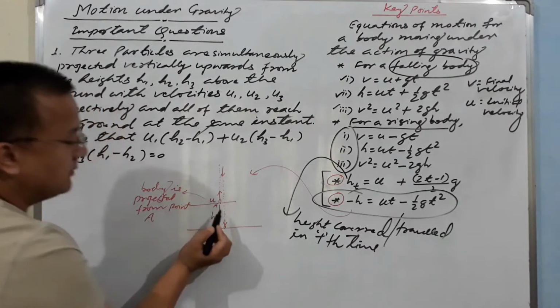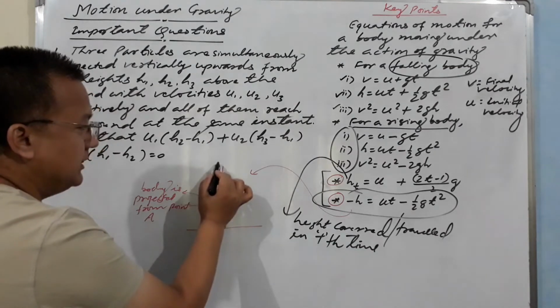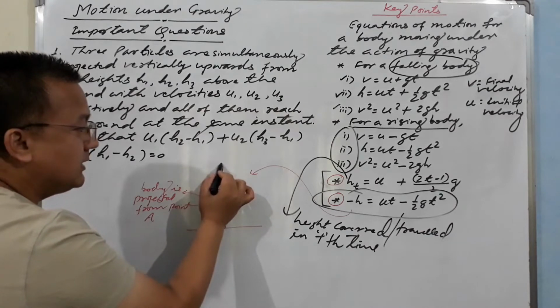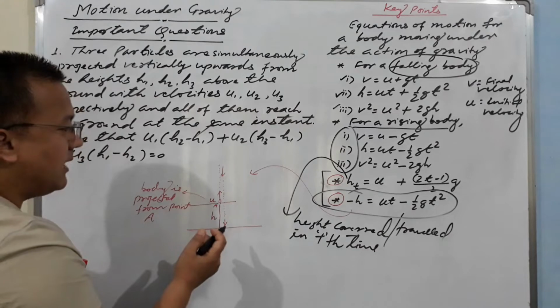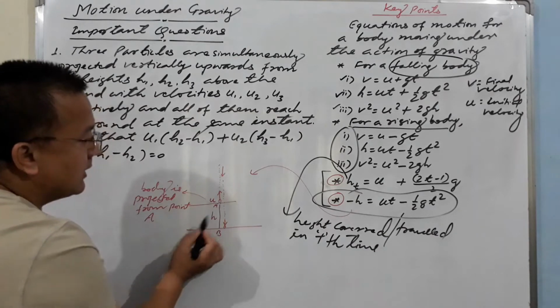Initially, u is the initial velocity of the body. Now you are going to project it, and it goes in the upward direction, and after some time, after attaining the maximum height, it comes down.